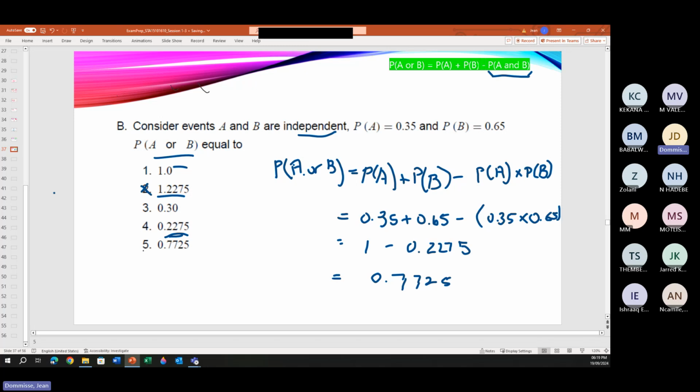Okay, so just again, they do give us that option, so just be careful when you do it, that you don't work that out and you see an option and select it. But again, they could have asked us what is the probability of A and B. And then what they did with option 2 was to say 1 plus that would have given you option 2, but you can't have a probability more than 1.